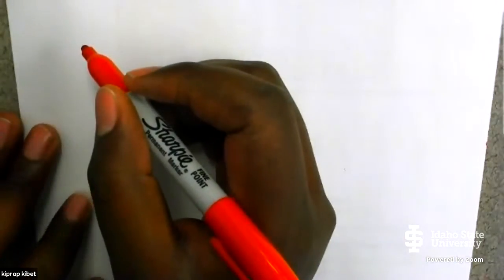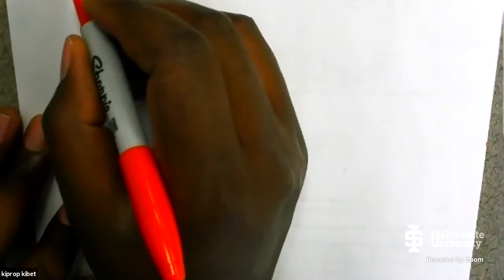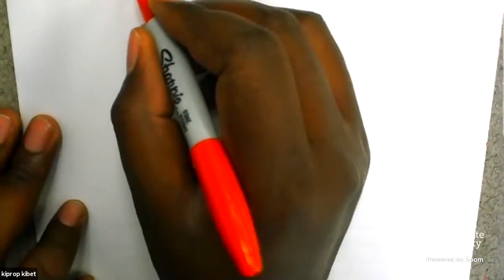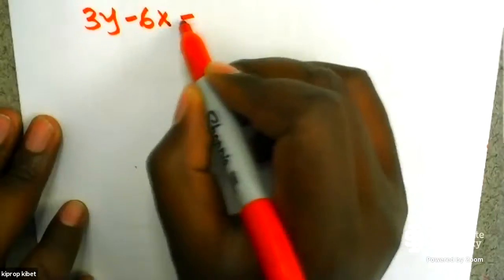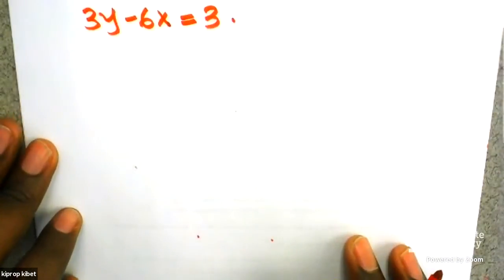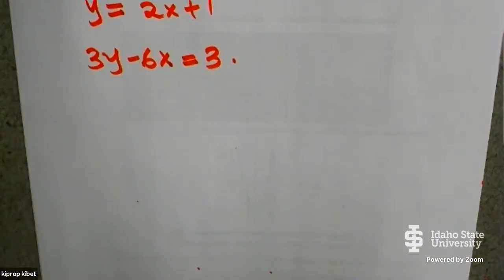Okay, so let's solve one example here, and then I give you an activity for 10 minutes. Solve the system of equations: y equals 2x plus 1, and 3y minus 6x equals 3.